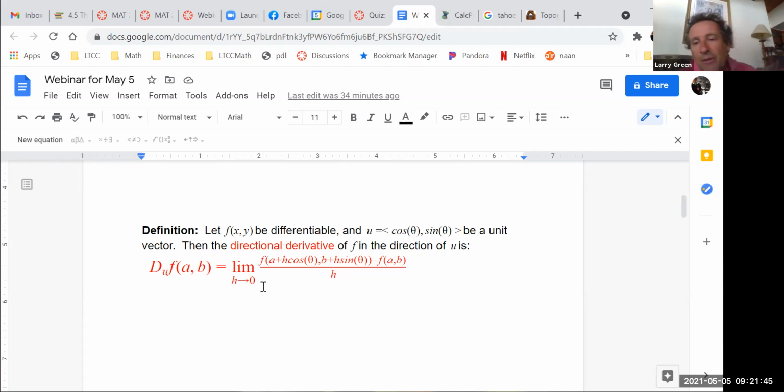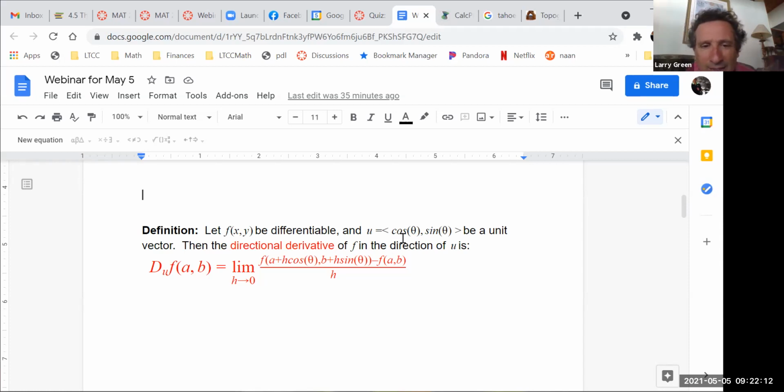And now we're basically taking what you're used to in terms of the limit definition of the derivative. Remember, the standard limit definition for one variable was the limit as h goes to 0 of f of x plus h minus f of x, all over h. Well, this is a lot like that. Here our x is (a, b), and we're not adding h anymore.